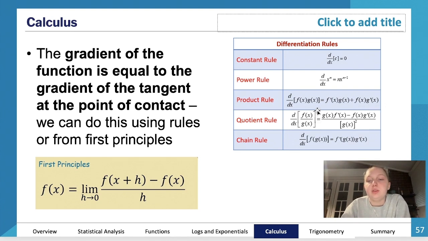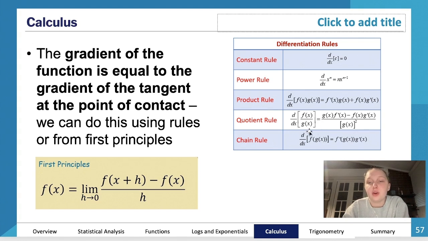Your quotient rule, if you're looking at two functions being divided by one another, f(x) over g(x), super important that you get these terms the right way around, okay? When you're looking at your product rule, it doesn't really matter whether you do f'(x) first or g'(x) first. With your quotient rule, it does. It really does matter which way you do this.